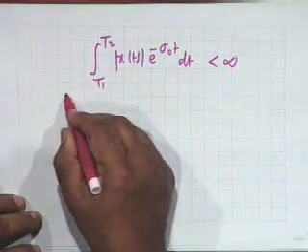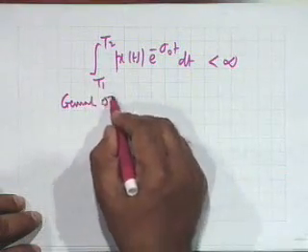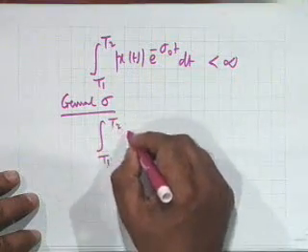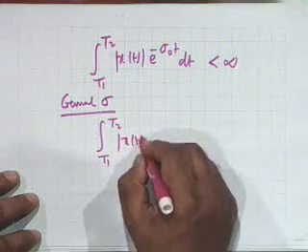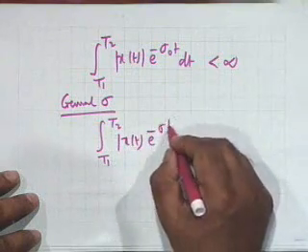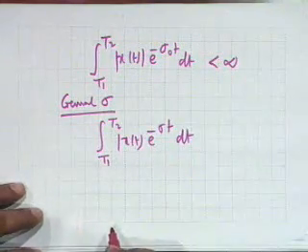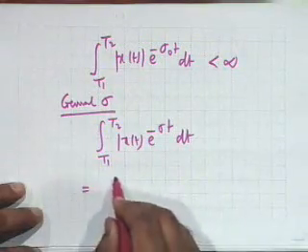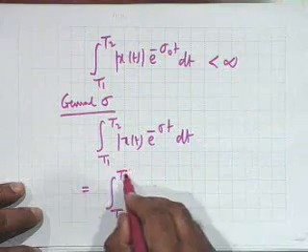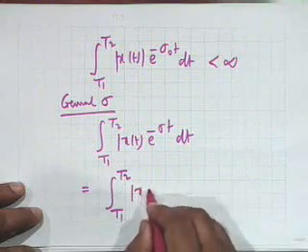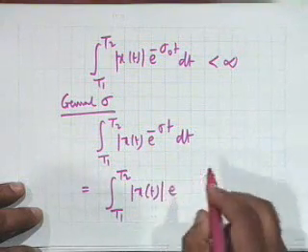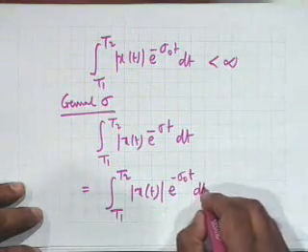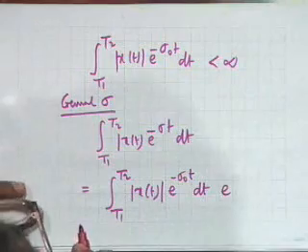Let us take a general sigma. Then the integral from T1 to T2 of x of t e to the minus sigma t dt, for a general sigma which is not equal to sigma 0, can be written as the integral from T1 to T2 of x of t, look at the argument, e to the minus sigma 0 t dt, and then we make the correction.